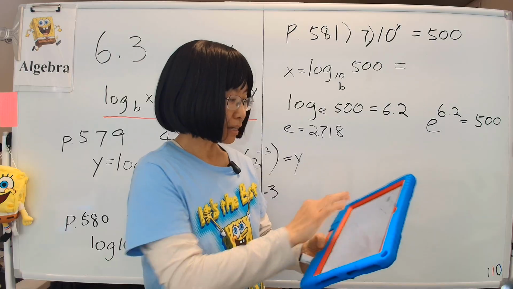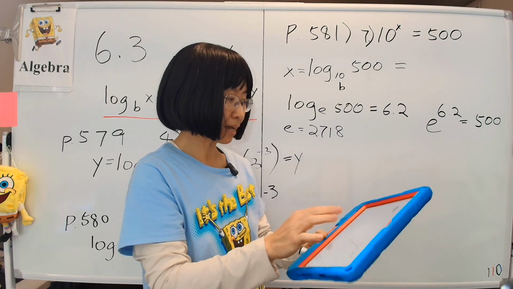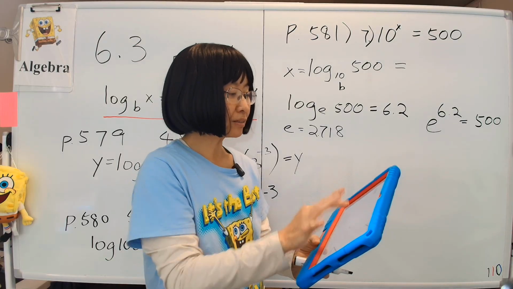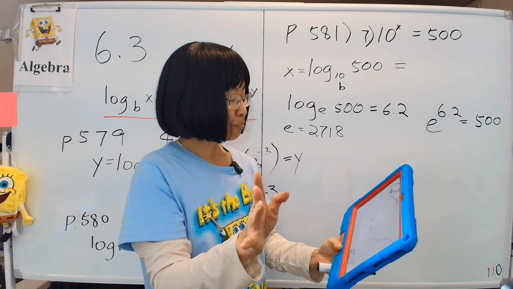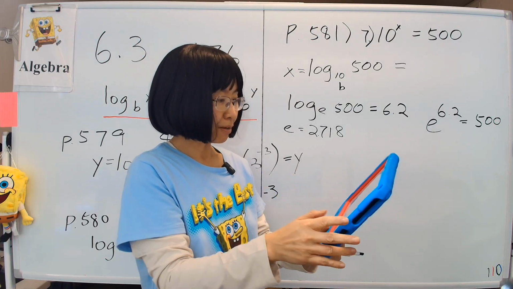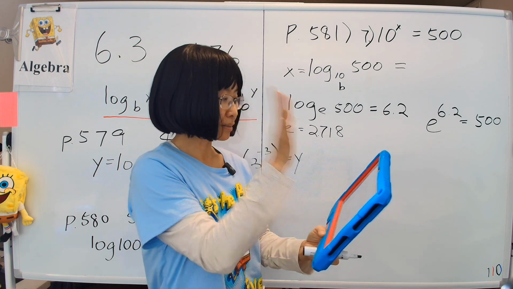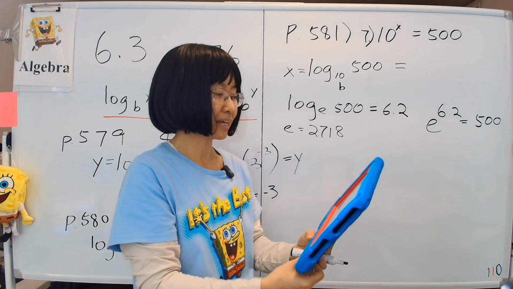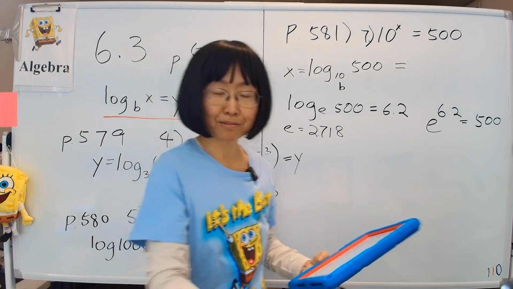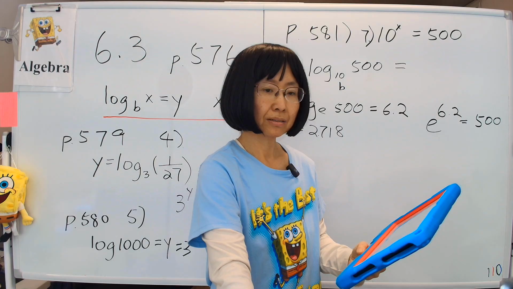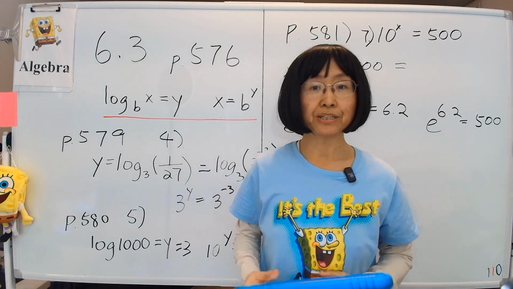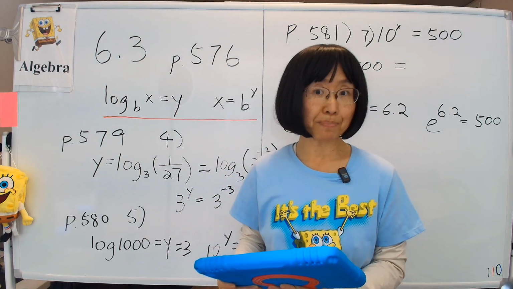All right, so now before we come to the very end, before I start assigning homework, I want to talk about something, if I can find it. Earthquakes, there it is. Nobody is going to talk about logarithm without talking about earthquakes. Now, earthquakes are measured on a scale that's base 10.